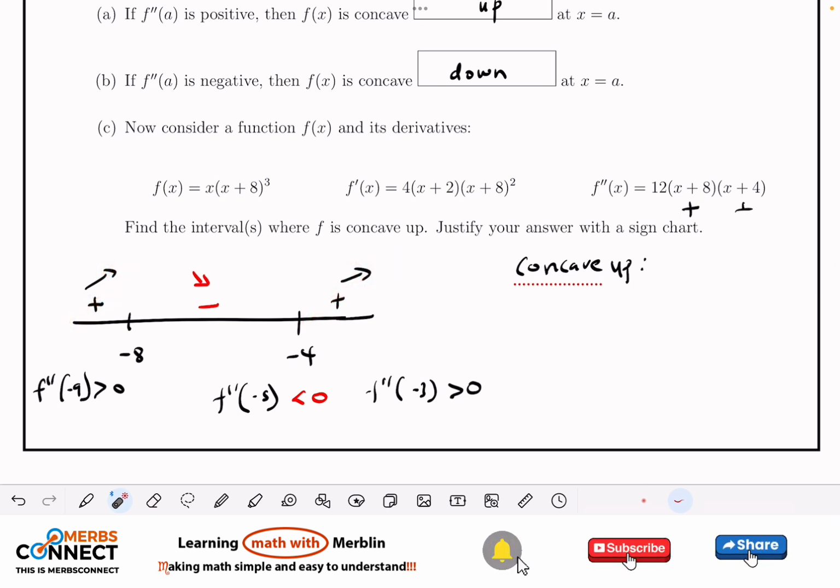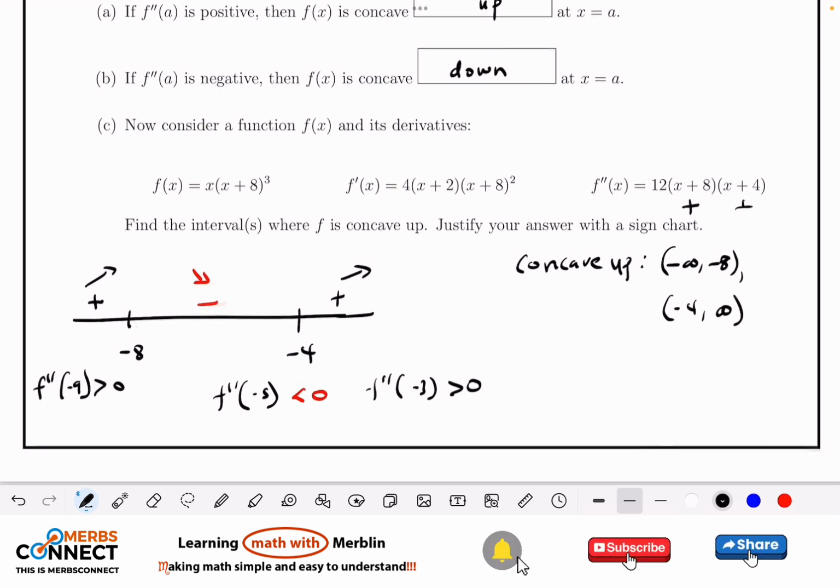So it's like they are where the increasing intervals are. So we are going to have from negative infinity up to -8, and then from -4 up to positive infinity. So this is where the concave up is going to happen.